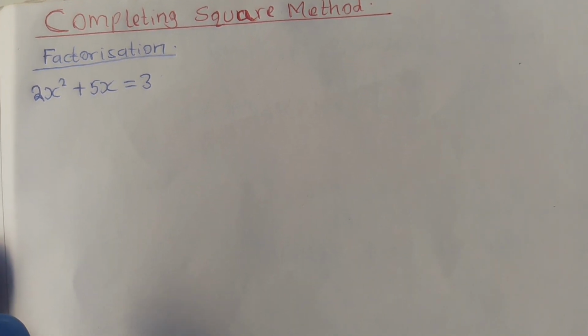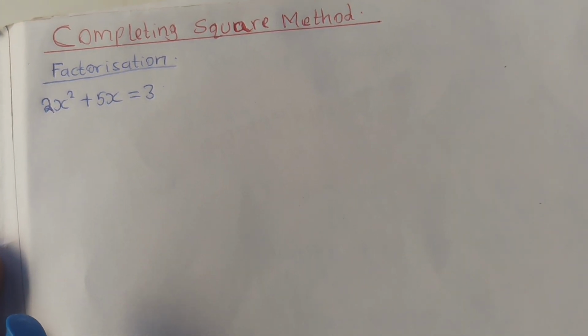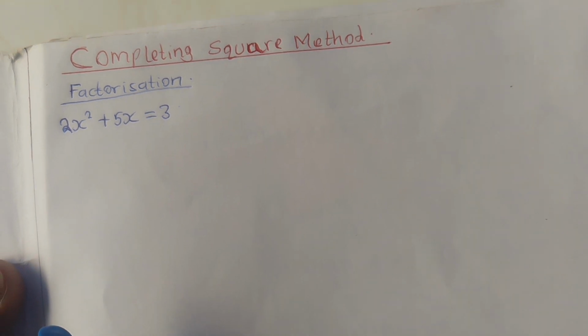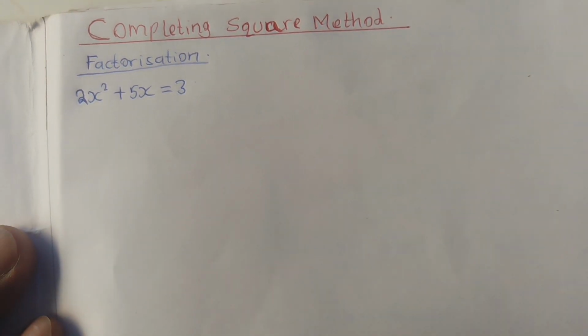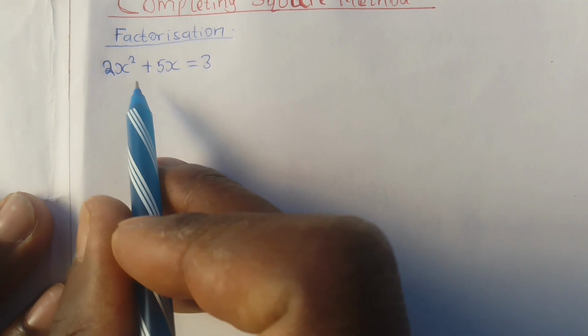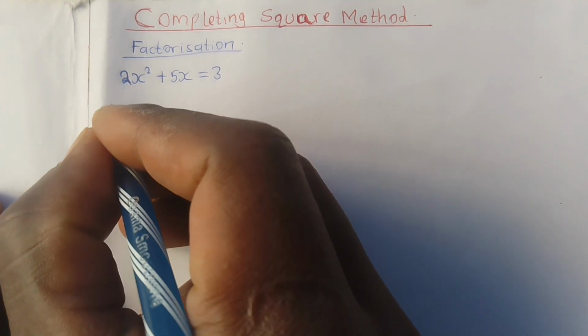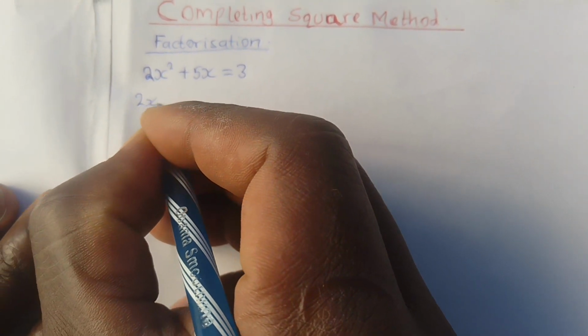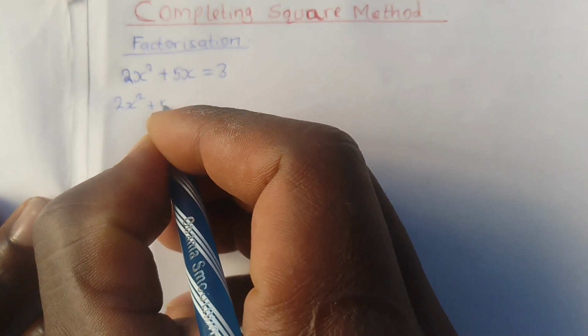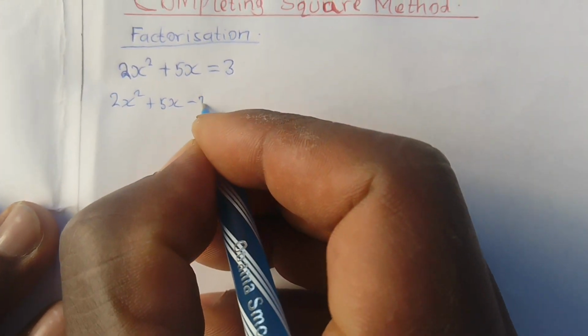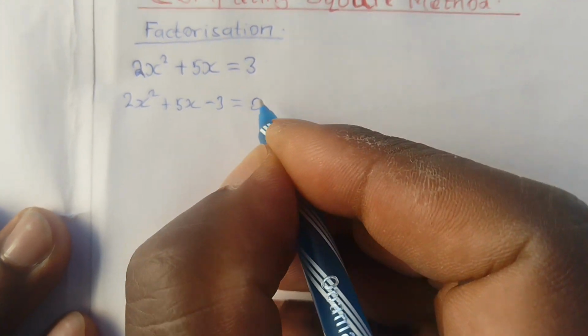Welcome to this lesson. In the previous lessons, we looked at the factorization method. For example, we had 2x squared plus 5x is equal to 3. This is equal to 2x squared plus 5x minus 3 is equal to 0.